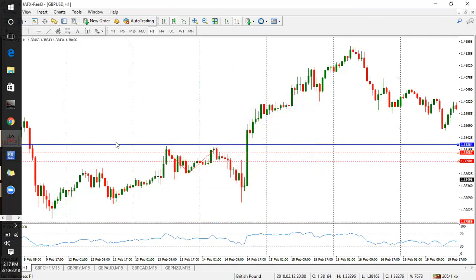So there is solid resistance at this point, and I know I'm not going with a long position because this resistance won't let the price go up.